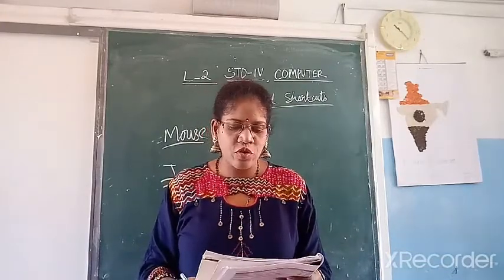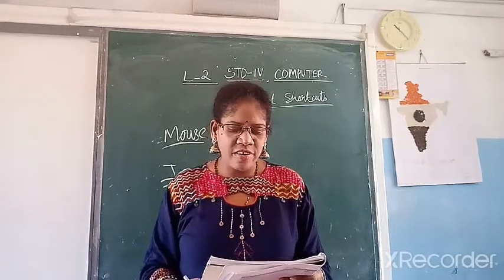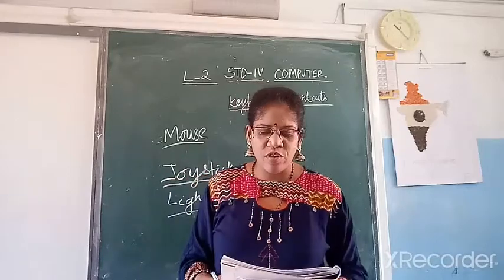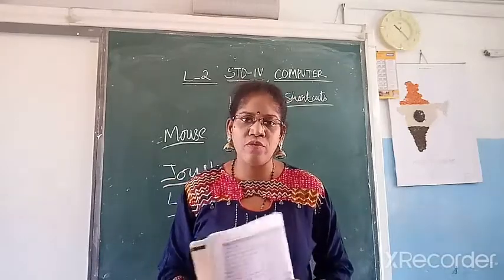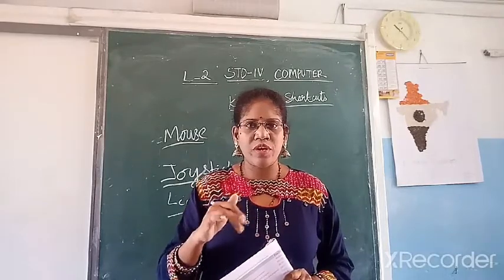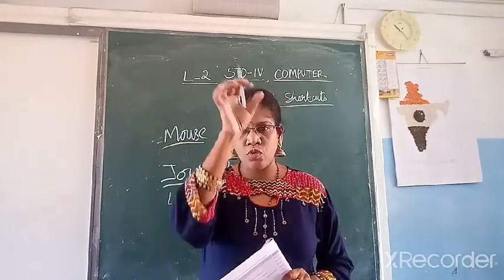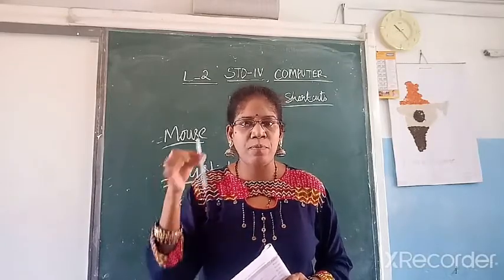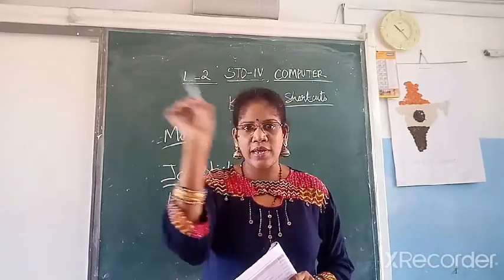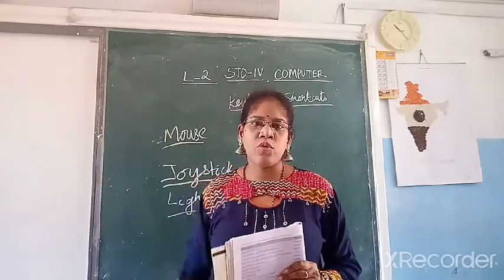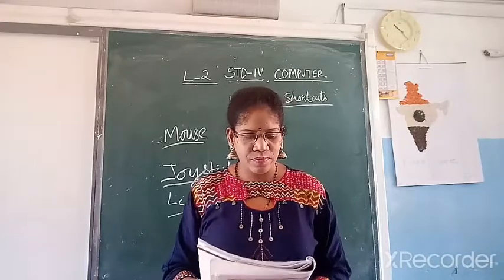It is mainly used by engineers, architects and designers. The first light pen was used around 1957. Where in the mouse we click and drag to select a menu, with the light pen you can directly click and select the menu. It is also known as a pointing device.